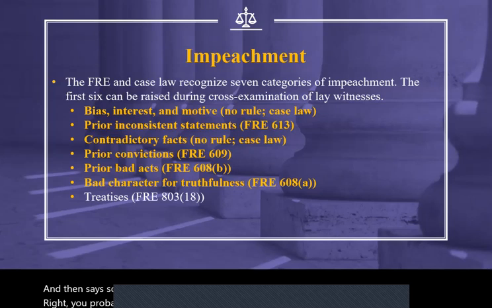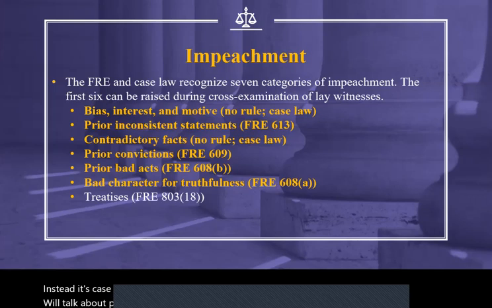Also look at contradictory facts, right? So if we've accepted things as fact and the person starts testifying that they're not fact or something else along those lines, we can say, well, this is what the evidence shows. Are you sure? And again, this doesn't have any rule that corresponds with it. Instead, it's case law. We'll talk about prior convictions, when you can use them, when you can't use them.